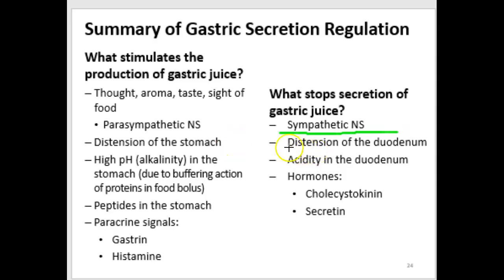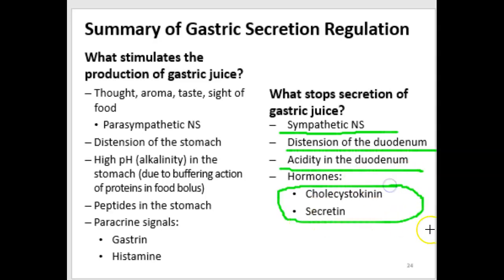Another thing that does is distension of the duodenum. So when the chyme begins entering the small intestine, that begins to stop gastric juice production. Acidity and lipids in the duodenum will cause the release of these hormones, which decrease gastric juice production.